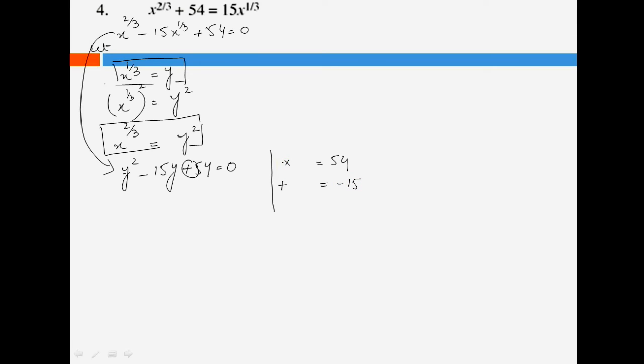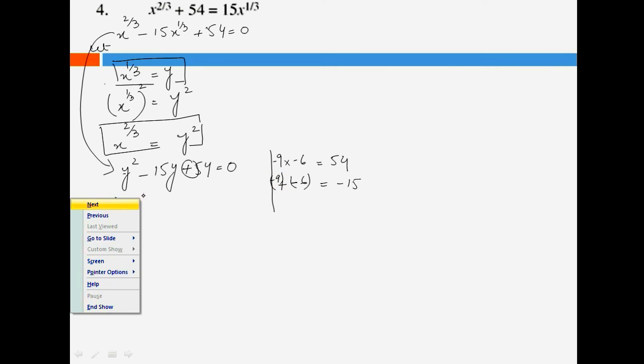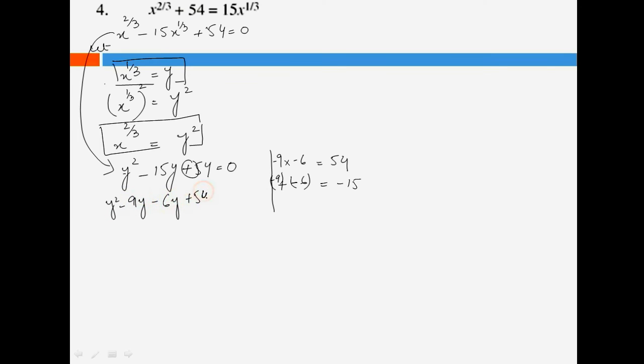So these two digits are minus 9 and minus 6. 9 sixes are 54 and minus 9 minus 6 will be minus 15. So y square minus 9y minus 6y plus 54 is equal to 0.